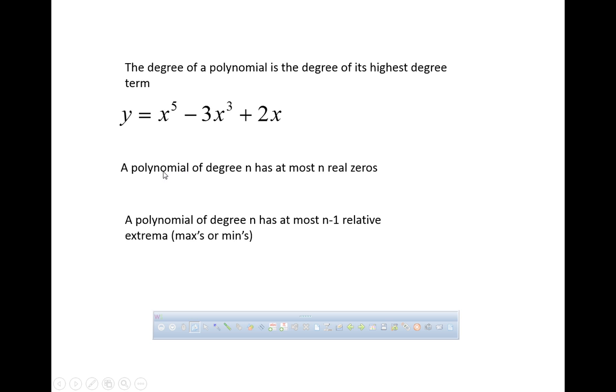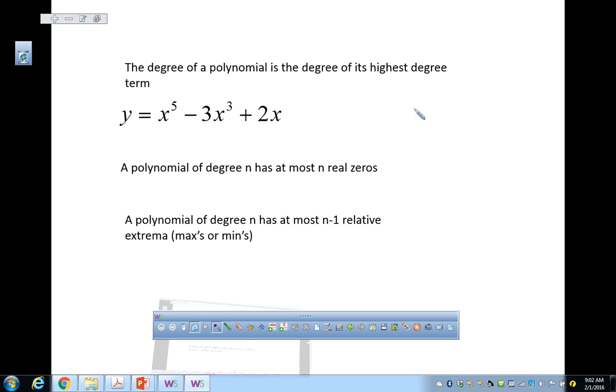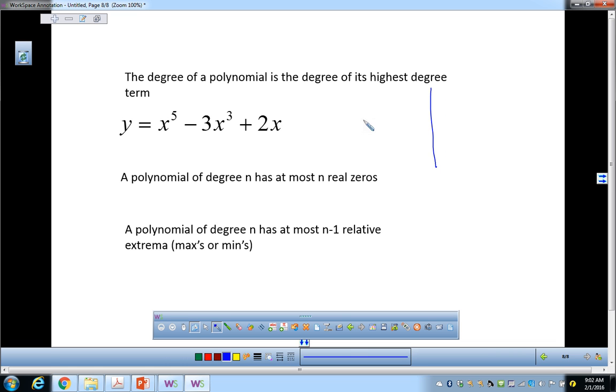Okay? The degree, I already talked about this. A polynomial of degree n has at most n real zeros. Okay? So this is important. If I have a 5th degree polynomial, this one we know is going to start down and go up, and the most times it can cross that axis is 1, 2, 3, 4, 5. 5th degree.